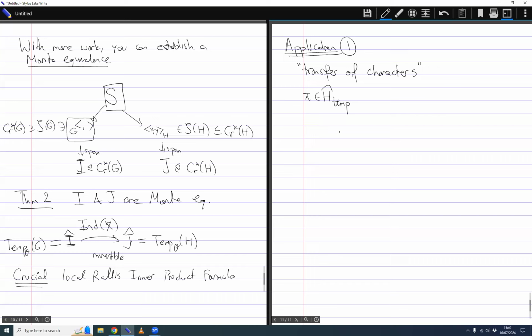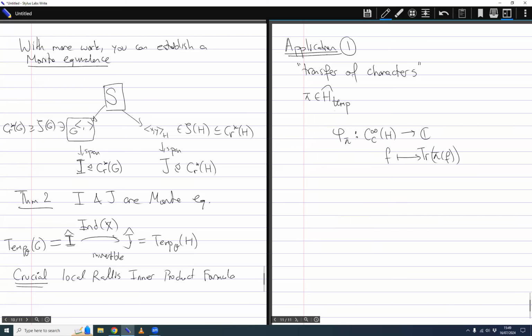So if you take a compactly supported test function f, you can look at pi of f, and that's a trace class operator. And then you can look at this trace. It's a well-defined trace, you get a number. So it's a distribution.